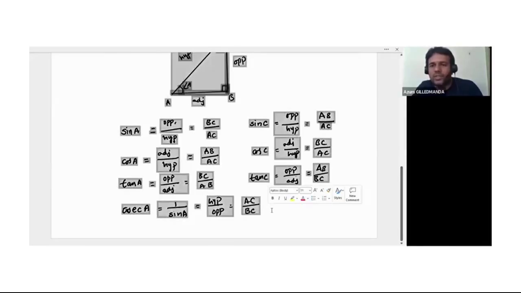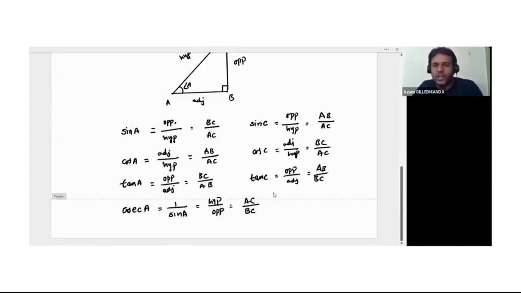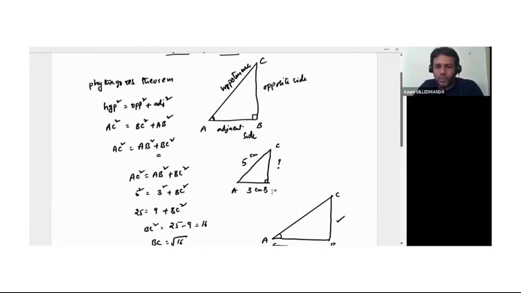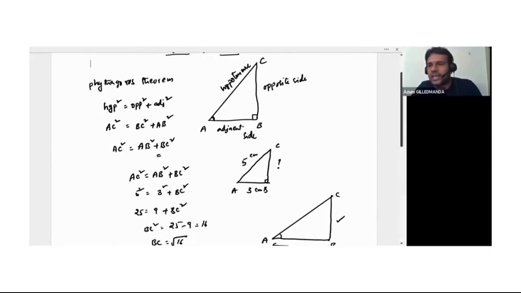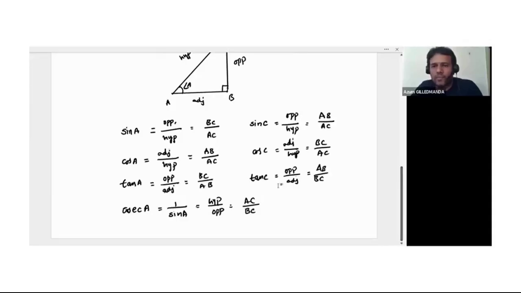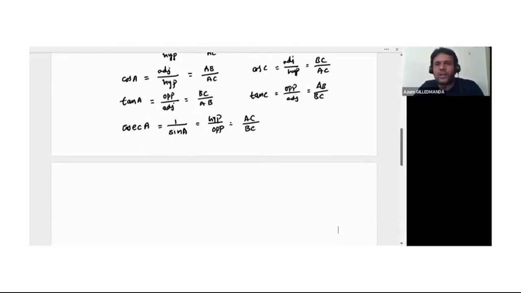Let's look at the other 2 trigonometric ratios. So we have cos A, right? For cos A, the reciprocal is secant A. And similarly for tan A, the reciprocal is cot A. So secant A, what is secant A?